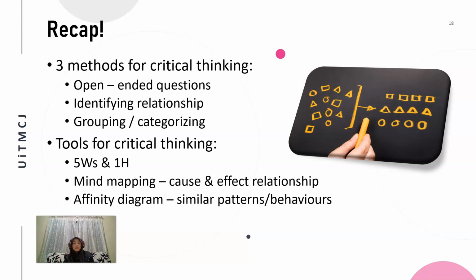You can use 5Ws and 1H to support open-ended questions. You can use mind mapping to support cause and effect relationships, identifying the relationships. And you can use the affinity diagram to find similarity patterns and behavior for the method of grouping and categorizing.